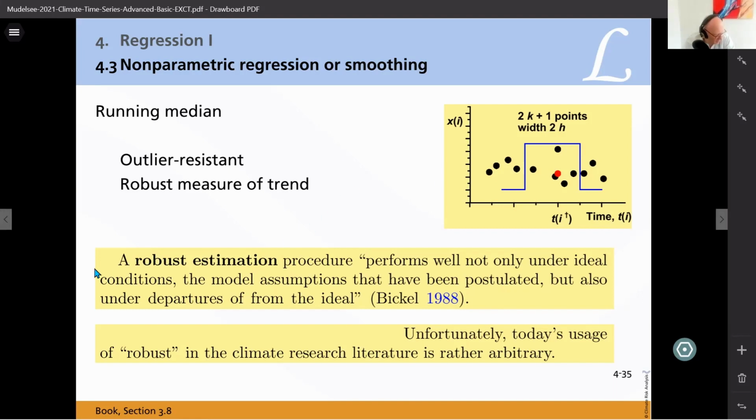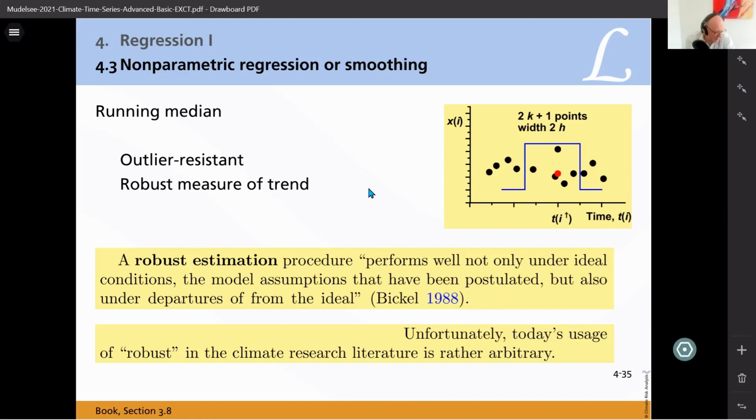Okay, then we look shortly at this sentence. Bickel, this is from the Encyclopedia of Statistical Sciences. That means a real statistician. He defines a robust method as one that performs well also if the model assumptions are somehow violated, a departure from the ideal. Very often the departure regards departures from the Gaussian shape, skewness, and so on. And a robust tool should then also yield results that are useful. They are not completely invalidated.